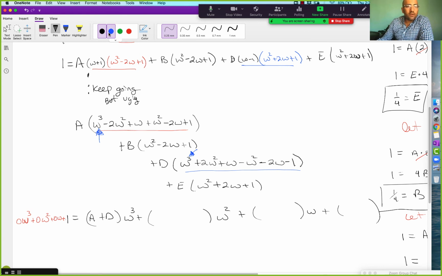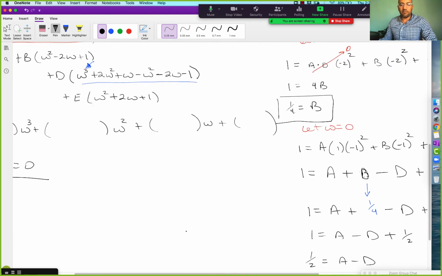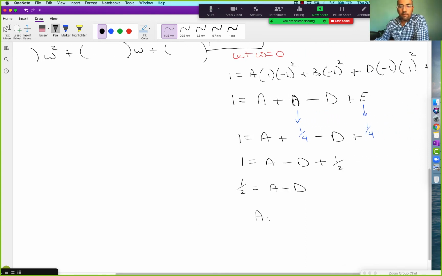Okay, so then what I can conclude is that we got another statement. A plus d must be equal to 0. Right? I can conclude that a plus d must be 0. Okay, that coupled with this other piece of information that we had from the other technique, and I also know that a minus d must be equal to half.